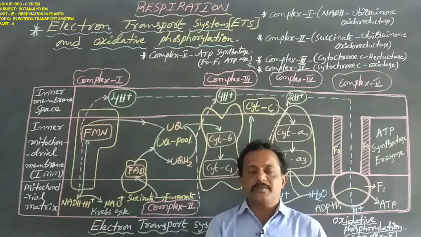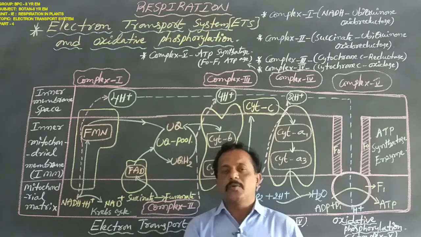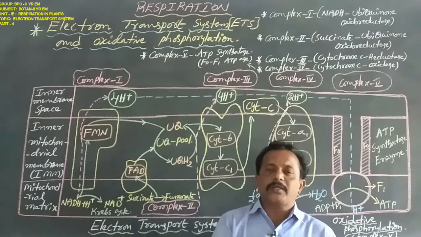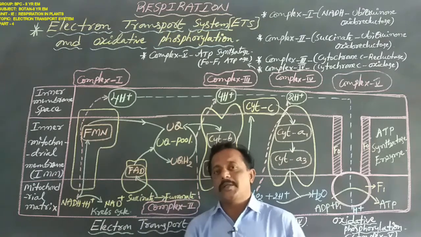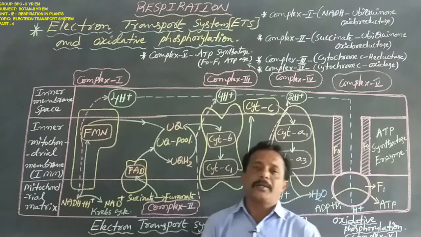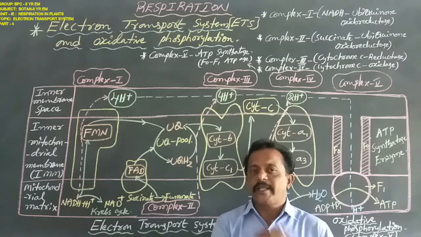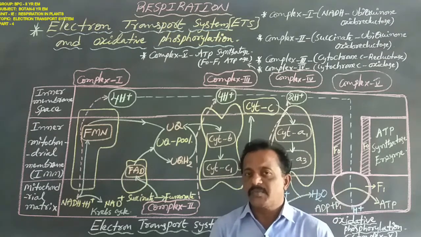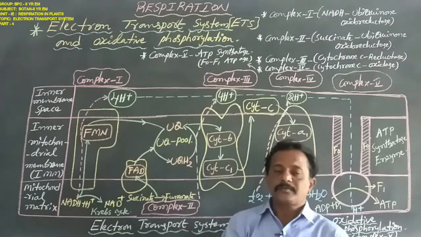Similarly, in respiration, electrons move from one electron carrier to another in the mitochondria. Dear students, photosynthesis takes place in chloroplast, but respiration takes place in mitochondria.